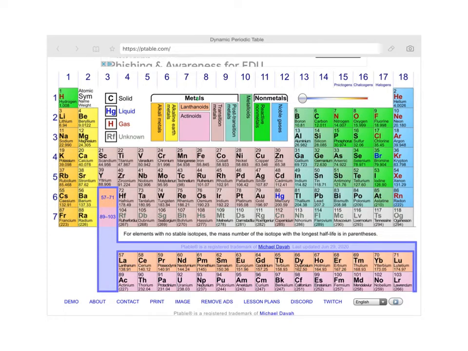But this periodic table will also give you the elemental information that you need for each of these elements. So say that you're looking at fluorine. You can tell what the atomic number is at the top, and you can tell what the atomic mass is on average at the bottom.